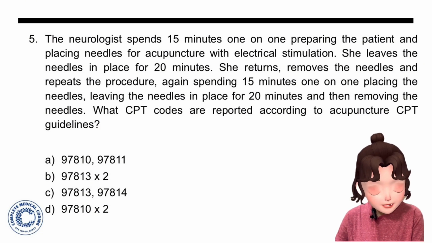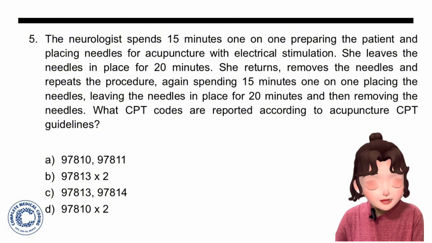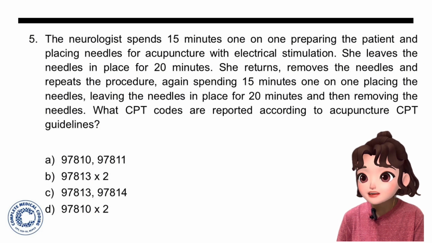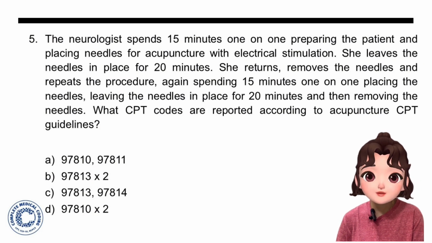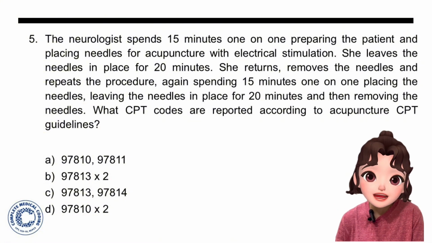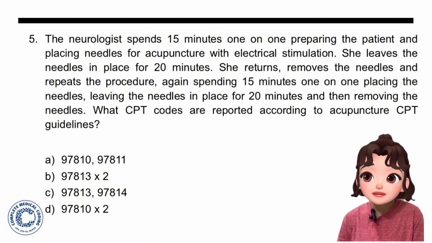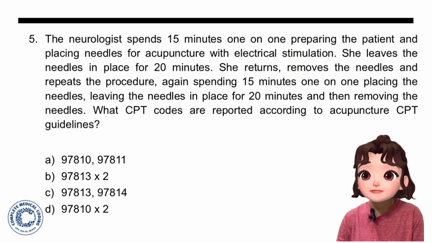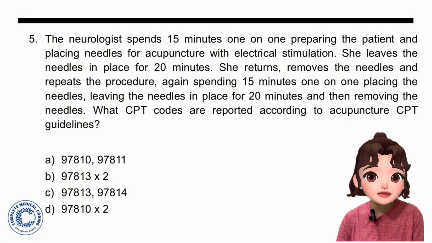97814. 97814 is acupuncture, one or more needles, with electrical stimulation, each additional 15 minutes. Yes, here the neurologist did acupuncture. She repeated it again, right? She repeated it for another 15 minutes for placing the needles and then 20 minutes for leaving the needles.